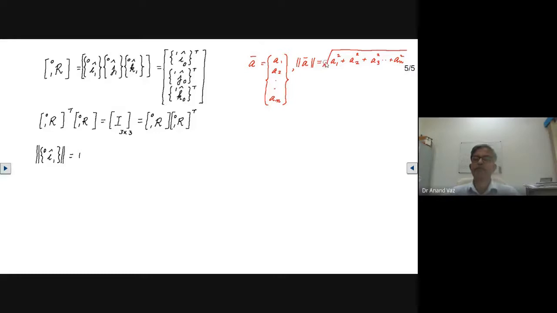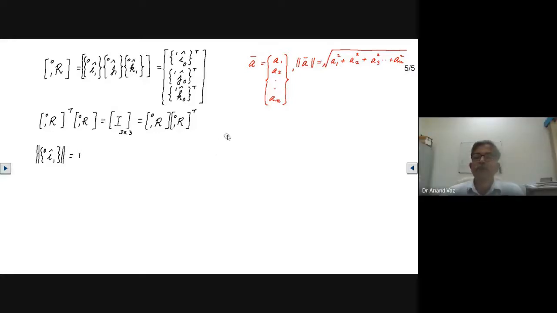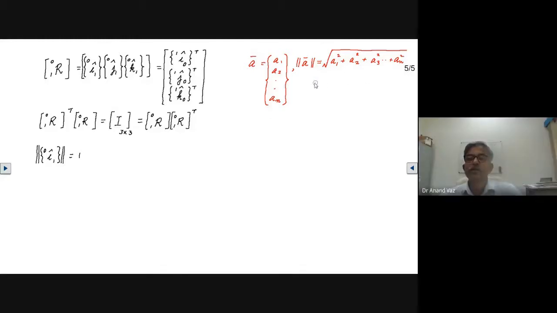Okay. So you have the length of this. We can also write this in terms of a dot product. What is this actually?